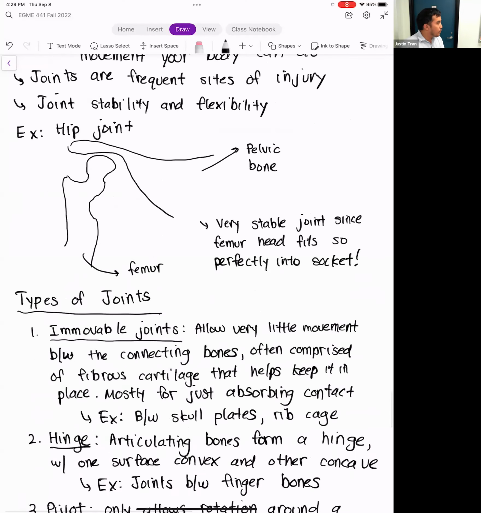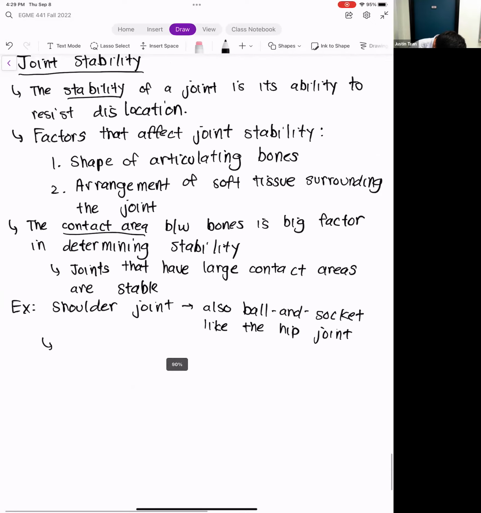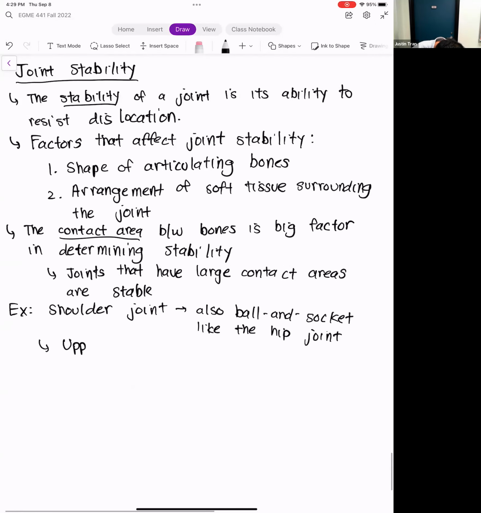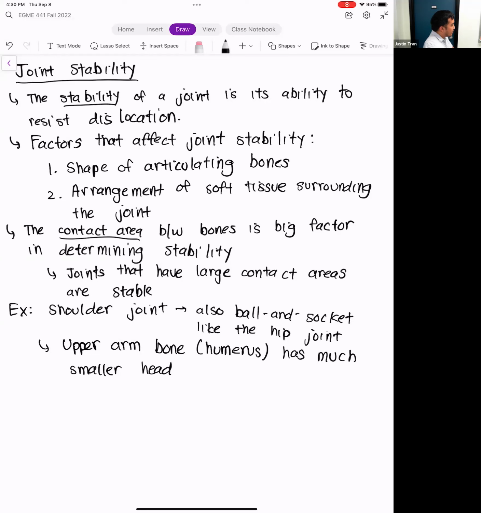Instead of a femoral head, your upper arm bone here is called your humerus. Part of that is due to the fact that your humerus, or your arm bone, is just much smaller than your thigh bone.